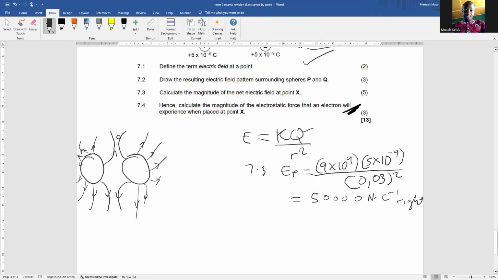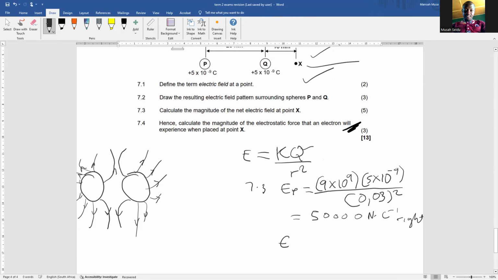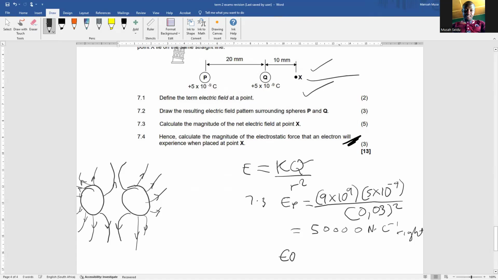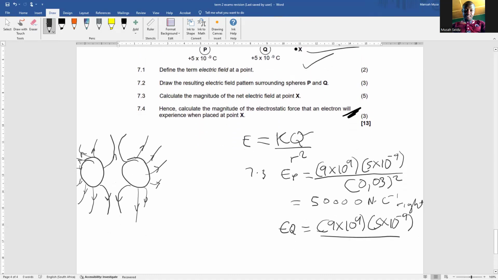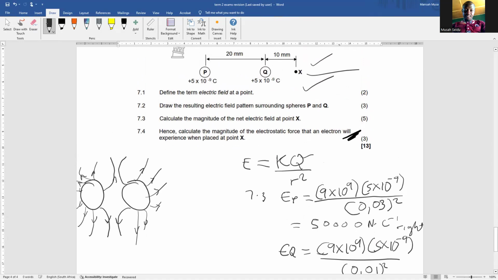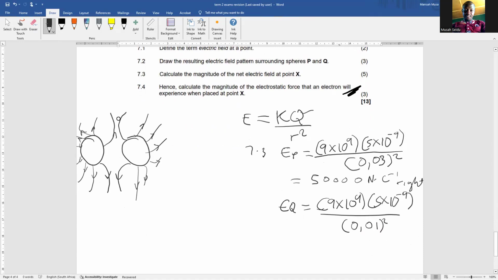When we do the same thing, electric field at point Q is going to be the Coulomb constant, 9 times 10 to the power of 9, times 5 times 10 to negative 9, the same charge, all over the distance, which is 0,01 squared, because it is 10 millimeters, and when we convert it to meters, it is 0,01.